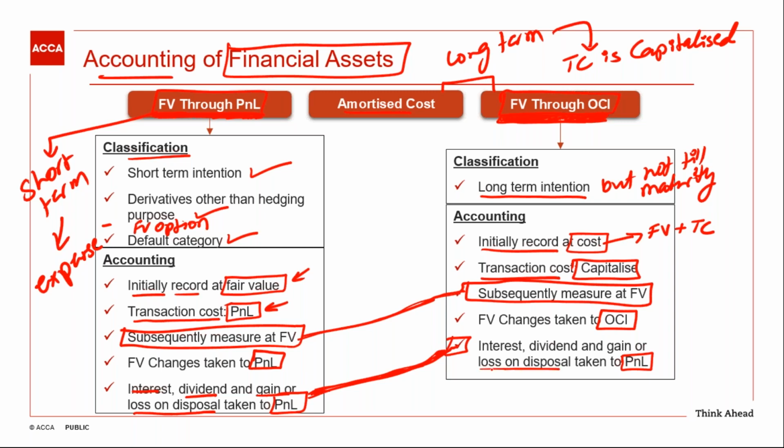On disposal, the gain or loss will be taken to P&L in both cases because it is a realized gain. Both of these gains are in cash form. That is why anything which is in cash form never goes to OCI, because the fair value changes are non-cash. That is why we have to think whether to take those to P&L or the OCI, but anything which is already in cash will always be taken to the P&L.